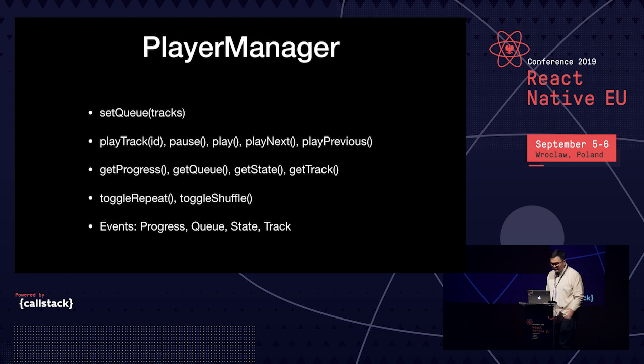Then you can get the player states using the get methods like get progress, get queue, get state, get track. But also you can subscribe to events like progress change, queue change, track change, and state change. So it was easier to do that.